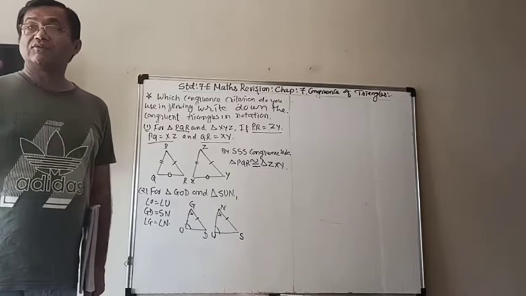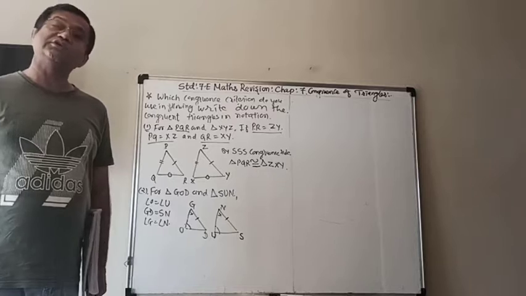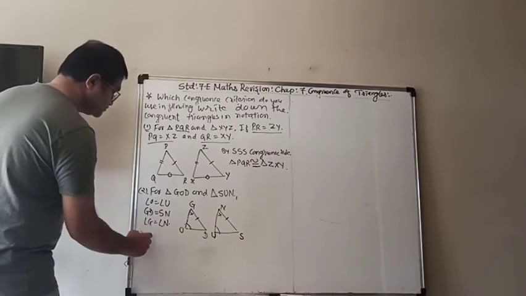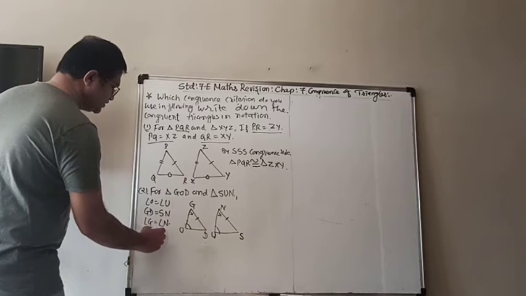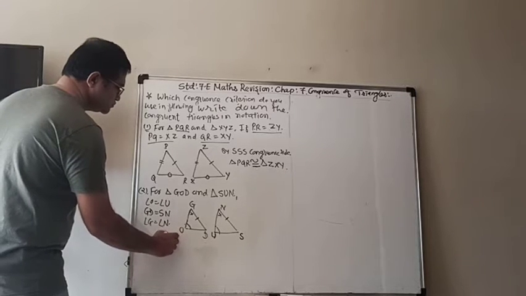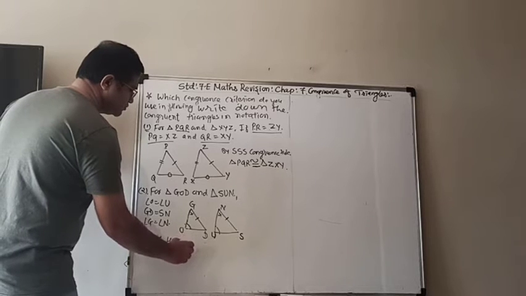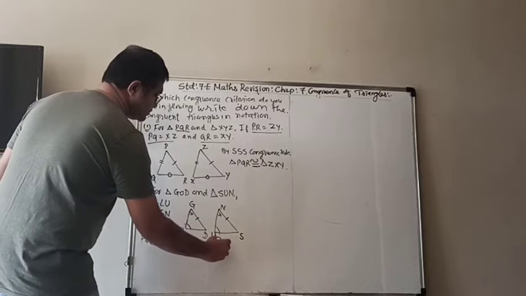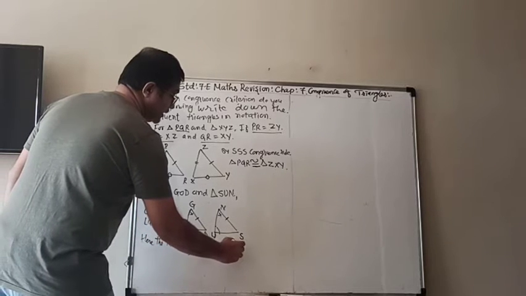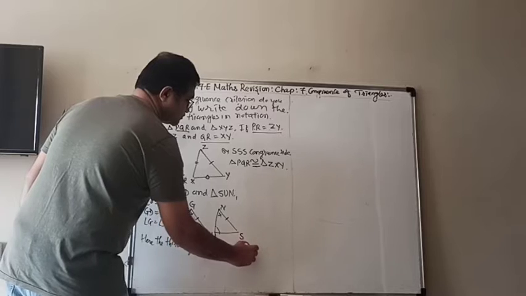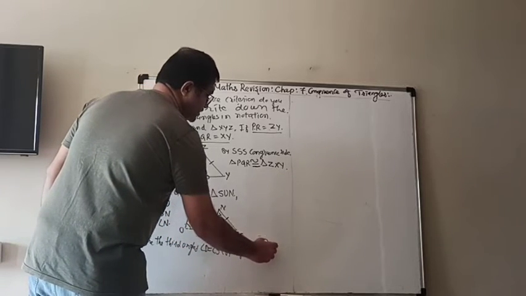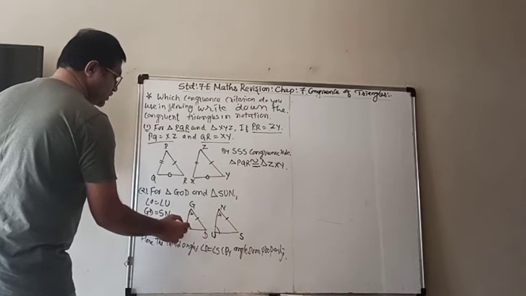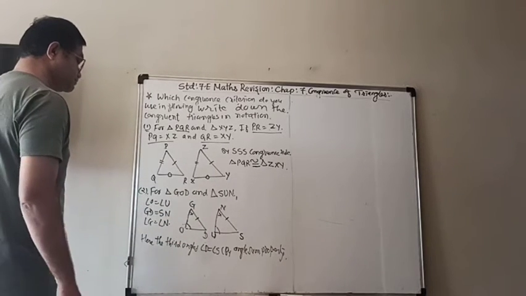So here we have to use the mind, as I told you there in the beginning when we were learning the chapter also. So here the third angle, angle D is equal to angle S by angle sum property. So here we have to use the angle sum property. Actually, it is also known as AAS congruence rule.